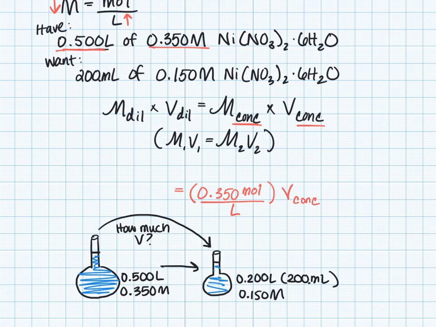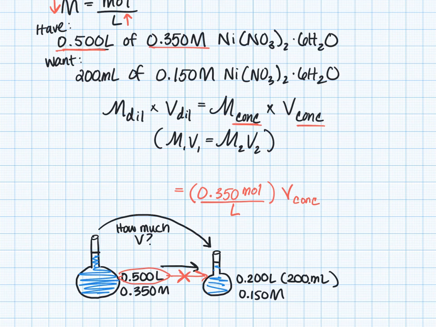So I'm not going to take all 500, okay? That would give me the same solution at the end, right? I only want to take some of the 500, place it into the new vessel, and then add solvent. In this case, we'll say water's our solvent until I get to the desired concentration. So that's why I'm leaving this volume blank.